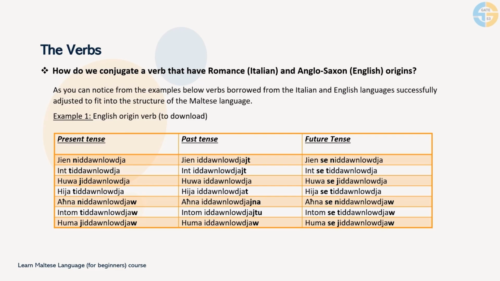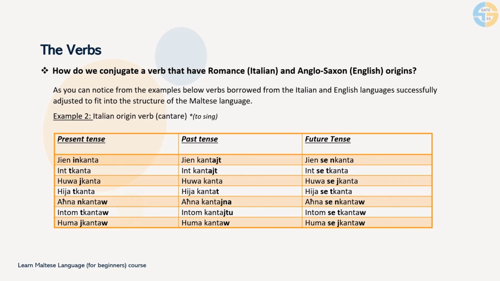So let's go to the next example, with a verb that originated from the Italian language. Example two, cantare. The verb cantare is an Italian verb, and in English it is to sing.